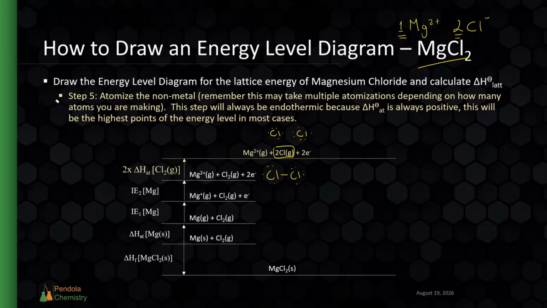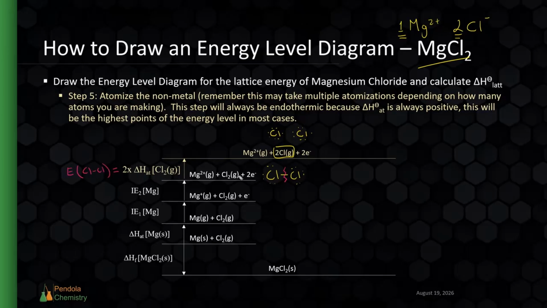Because all we're doing, when we go from Cl2 gas to 2Cl gas, is breaking that chlorine-chlorine bond. We're breaking 1 mole of chlorine-chlorine bonds. So this 2 times delta H of atomization is also equal to the bond energy of the chlorine-chlorine single bond.